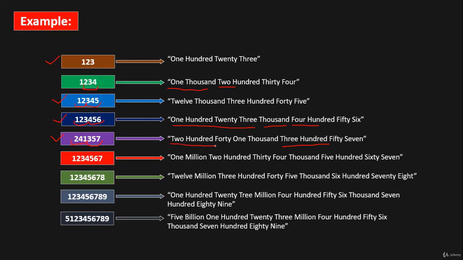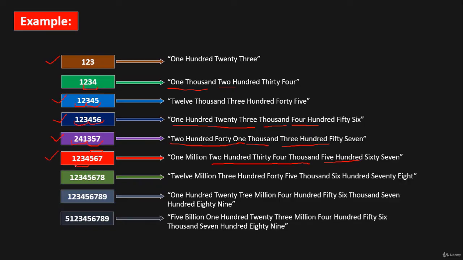So 241,000. Then for this integer, the last 3 digits are 567. So 567. Then the next 3 is 234, which is for thousand, so 234,000.